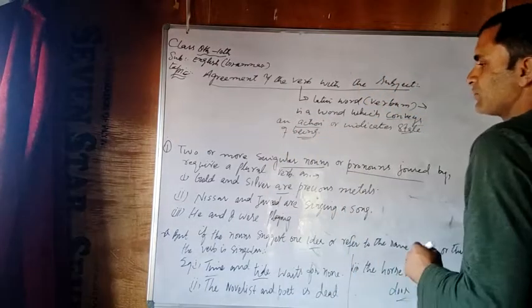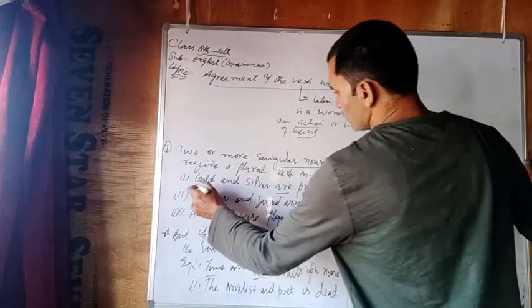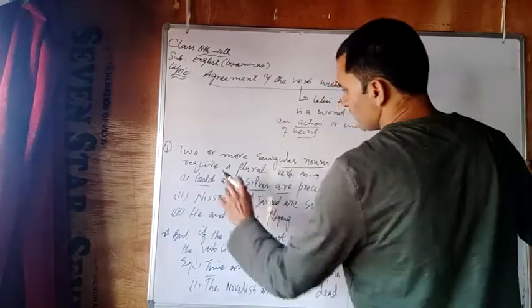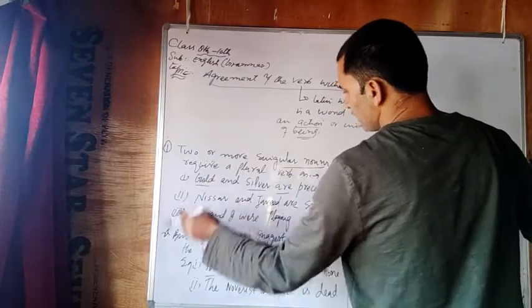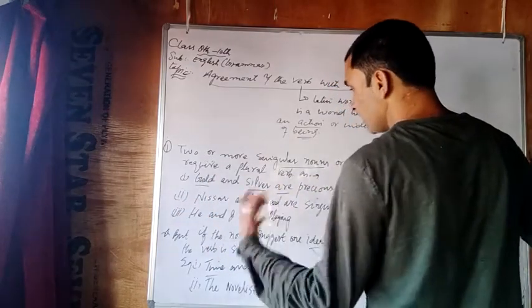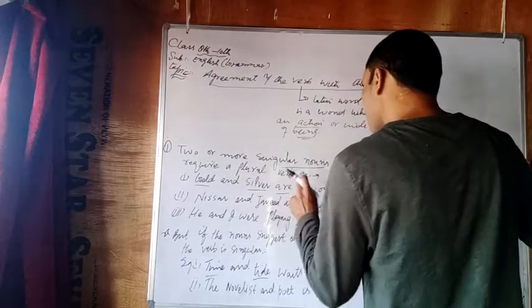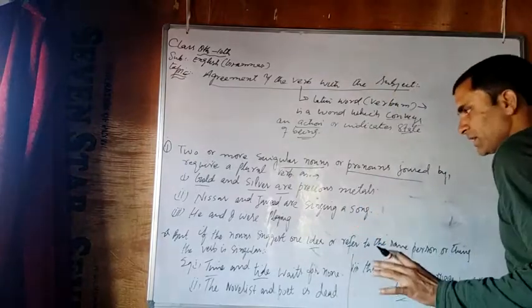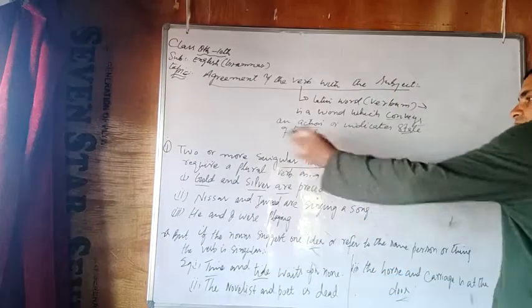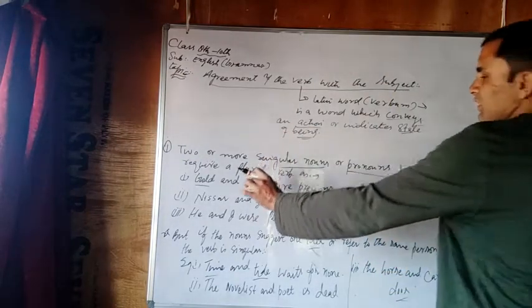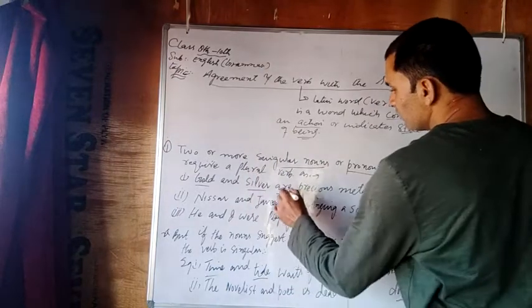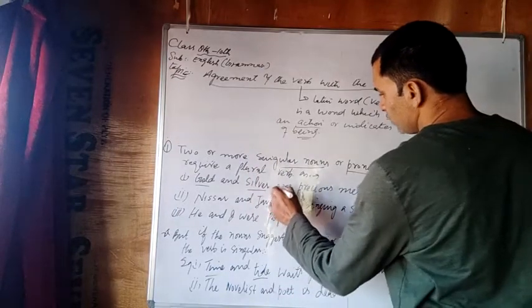For example, we have here two nouns, gold and silver. They are different metals. Gold and silver are precious metals. They are two nouns, so here we have to use the plural verb.